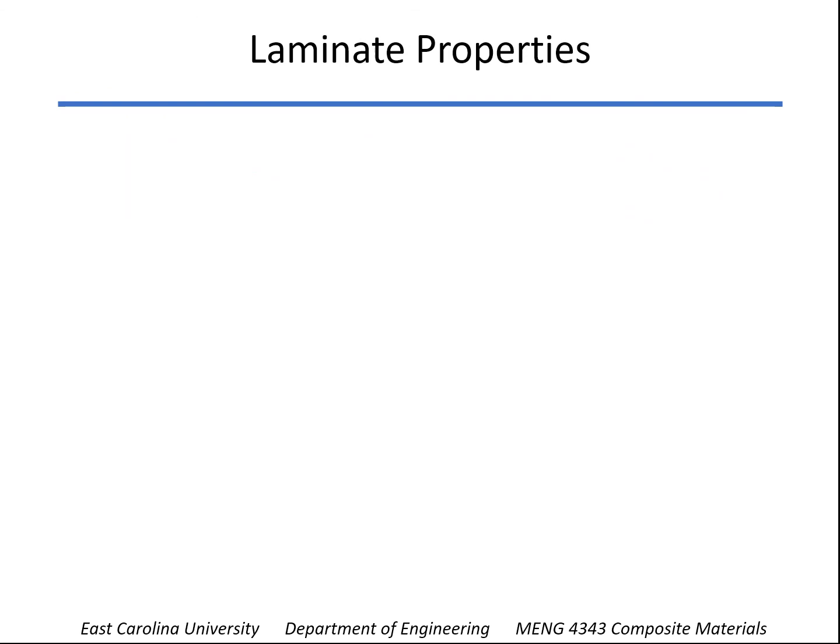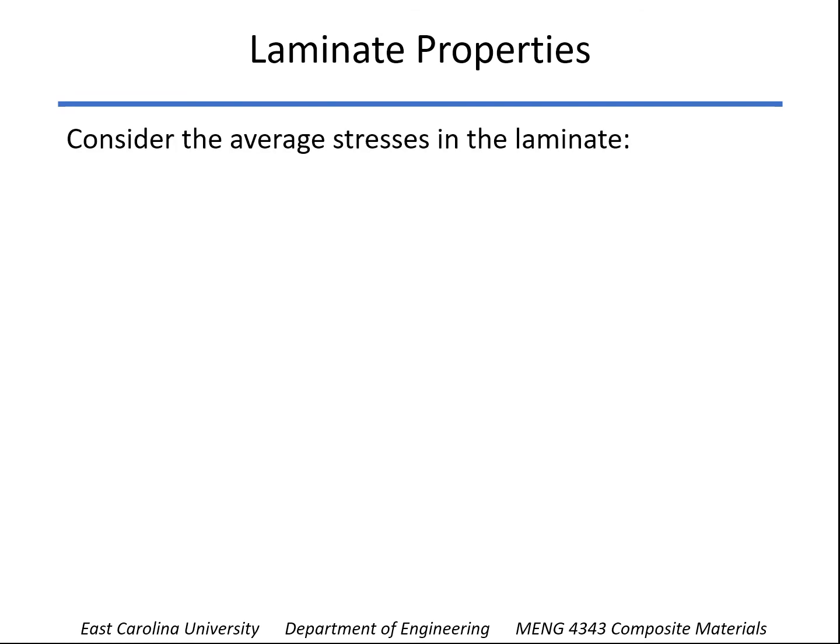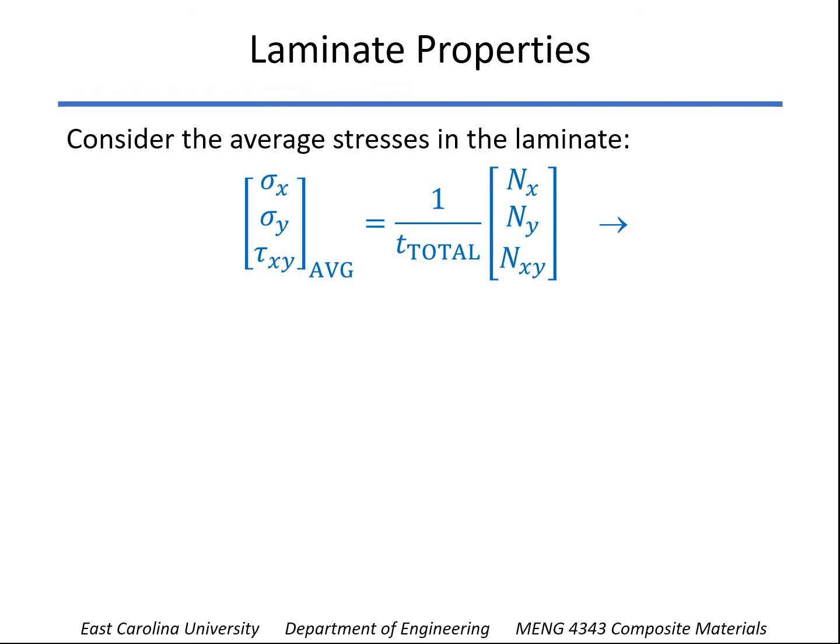So let's talk about how we would look at the laminate properties. If we have a certain layup, we'd still like to know the effective modulus in the x direction and the y direction, the Poisson's ratio, etc. So let's go back and look at the average stresses in the laminate. Remember that the stress resultants are essentially just the stress times the thickness. So the average stresses would be 1 divided by the total thickness times those stress resultants.